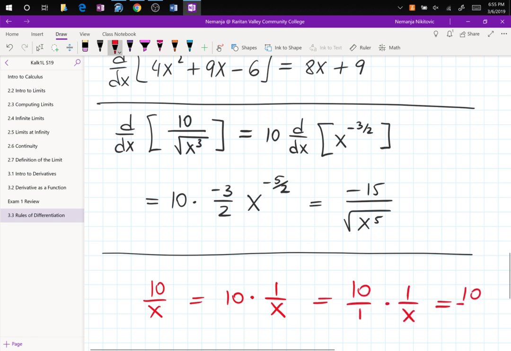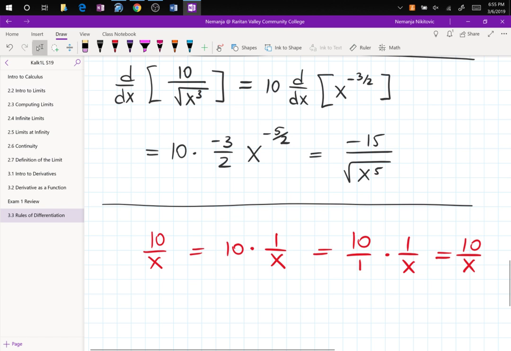You multiply across for 10 over x. So anytime you have a number in the numerator, you can bring it in front and keep 1 if you want to separate the function. So that's the algebraic manipulation in terms of the way the fractions and the fraction multiplication works. You're welcome. Any other questions, concerns?